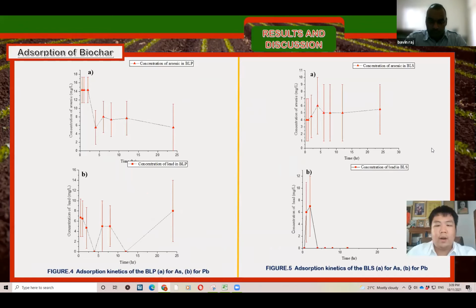Arsenic and lead adsorption depends on the amount of the other elements. When biochar electrons bind to elements other than arsenic and lead, there could be a low number of negative electrons on the surface of the biochar, resulting in a lower amount of arsenic and lead adsorbed at different times.